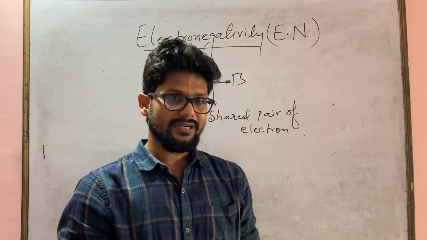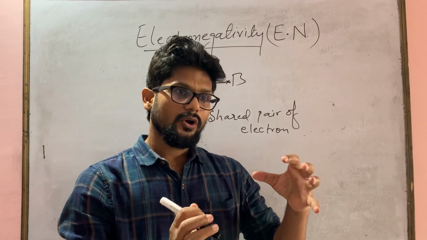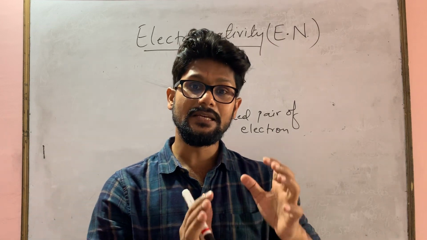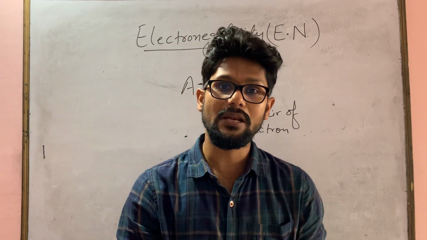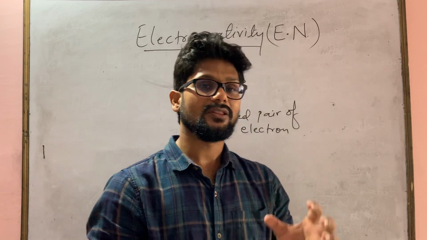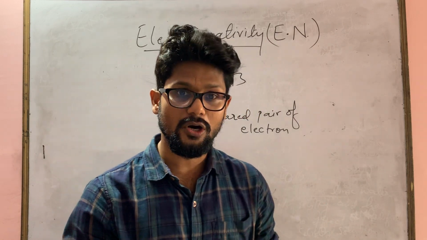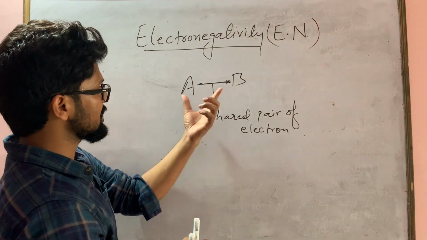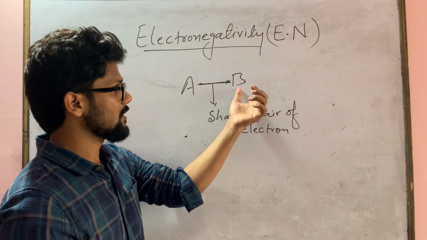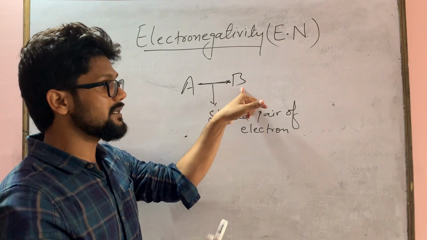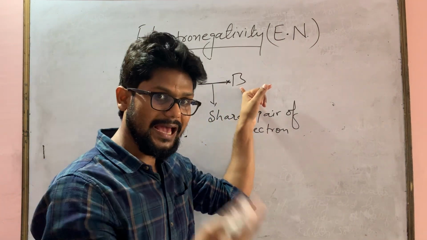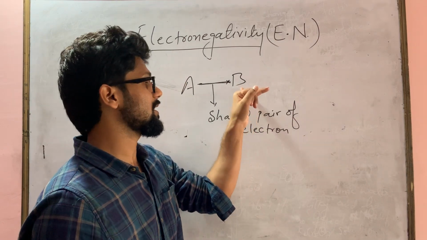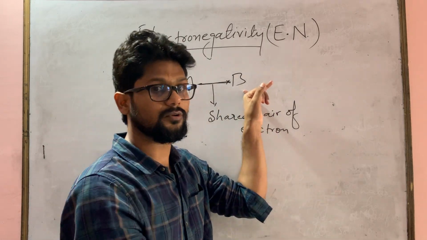Electronegativity means the tendency of an atom in a molecule to attract the shared pair of electrons towards itself. There are two electrons which are shared by both atoms. If the tendency of B to attract the electrons is more, we can say its electronegativity is more.